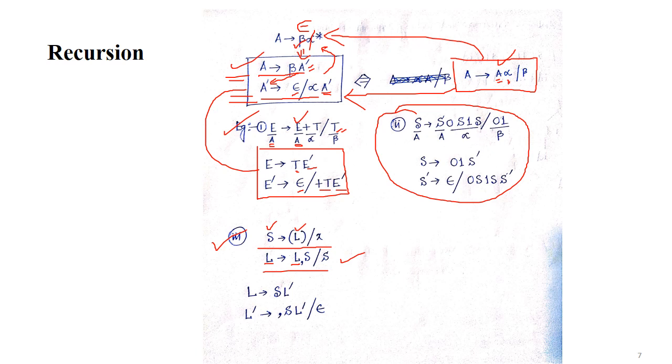production or grammar. Now compare this production with this. What is A here? A is your L. What is A again in this case?